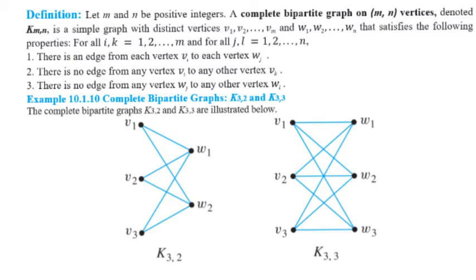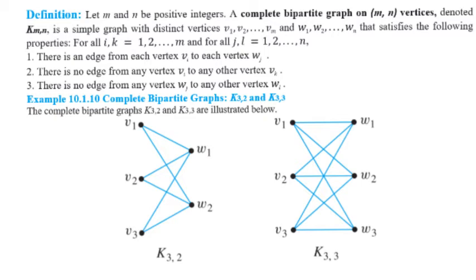A complete bipartite graph on ordered pair m and n vertices, denoted by this symbol K sub m,n, is a simple graph with distinct vertices v1, v2 all the way to vm and w1, w2 all the way to wn, and that satisfies the following properties for all i and k from 1 to m and for all j and l from 1 to n.